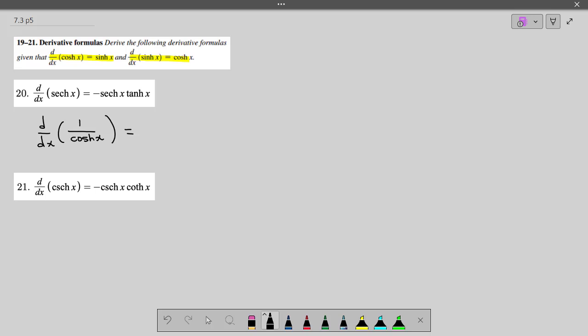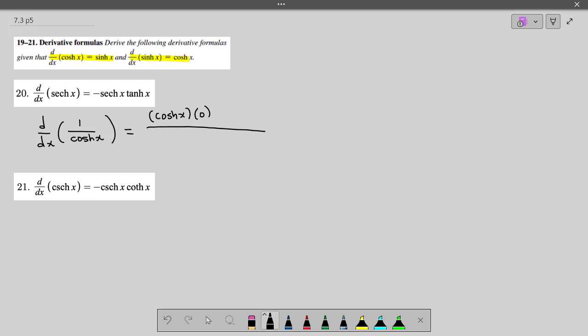So quotient rule starts with low D high. Low is the function in the bottom, the lower function. High is the function on top, the higher function. So we go low D high minus high D low over low squared. So low, what's the derivative of the numerator? 0. We don't need to write this all out because we're multiplying by 0, but I'll write it out for this first one.